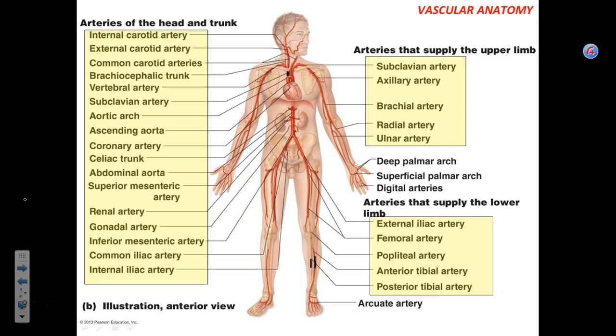So short, very short vessel. Brachio, what does brachio refer to? Arm. Cephalic, head. And if you think it's head, wait till we get to the veins. There's some really awkward naming there. Okay, but yes, in this case it's head, which means brachiocephalic trunk supplies blood to the head and to the arm. It branches into the huge common carotid artery.